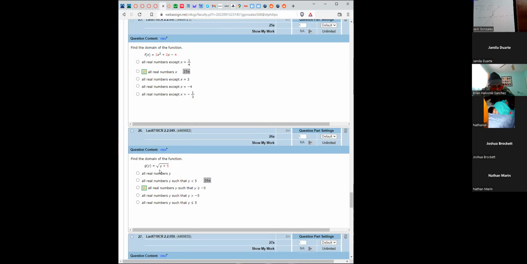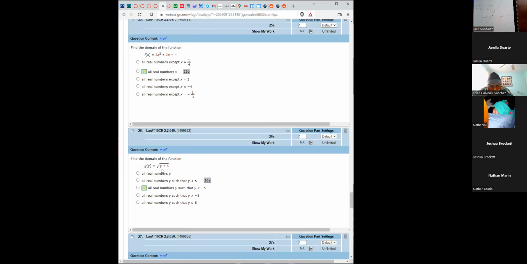Would it be -5? Yeah. If you plug in -5 plus 5 is 0. Zero is fine. You can have a 0 inside. So anything that results as a negative inside is a problem.